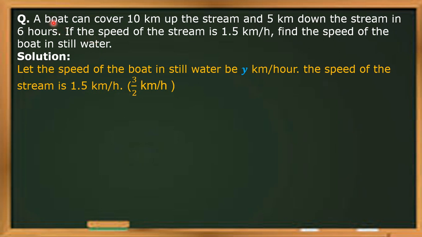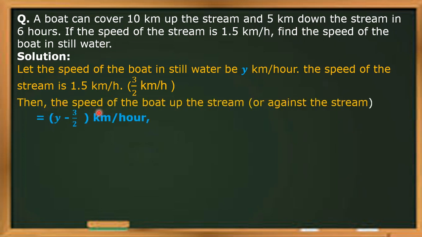Here, as the boat goes upstream and downstream, for the speed in the upstream, the speed of the stream is subtracted from the speed of the boat in still water, and in case of downstream, the speed of the boat and the stream add up.